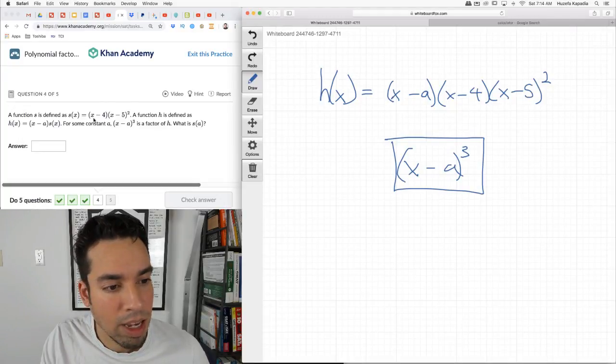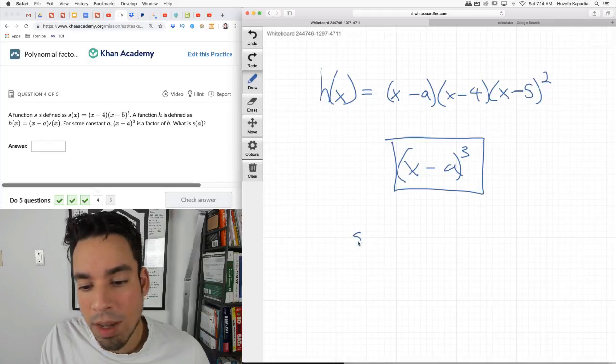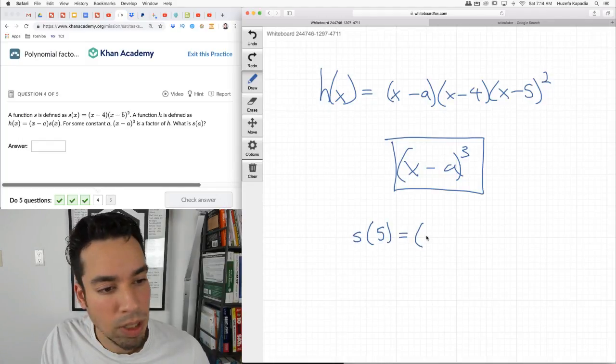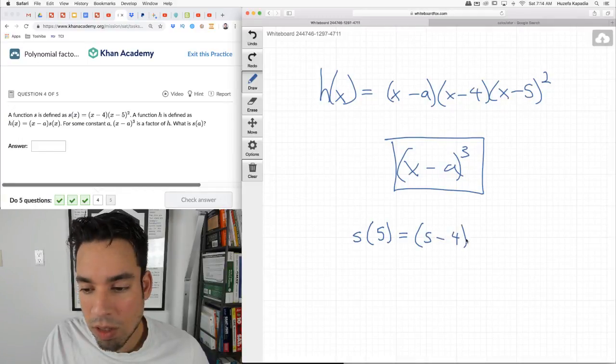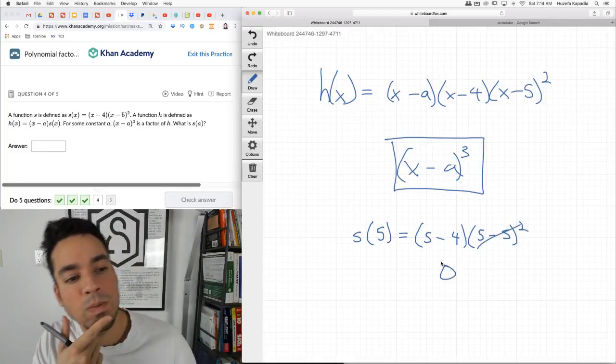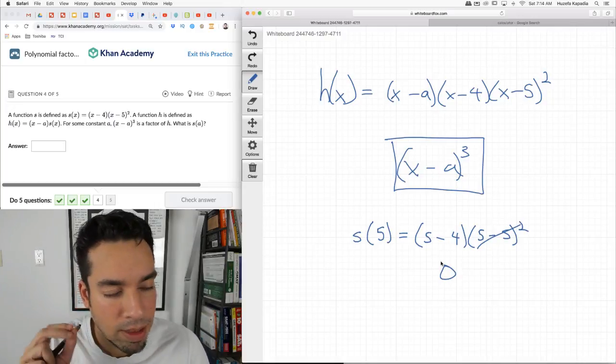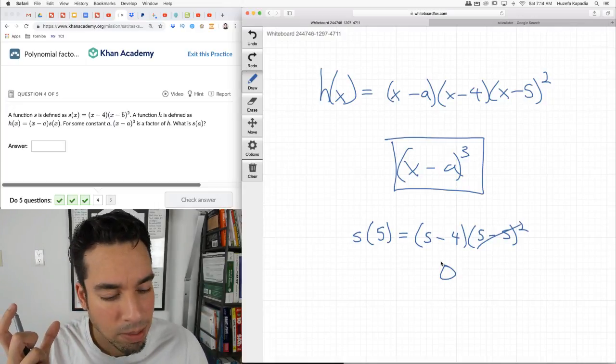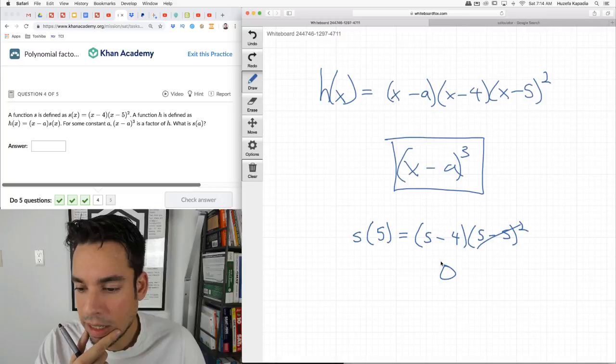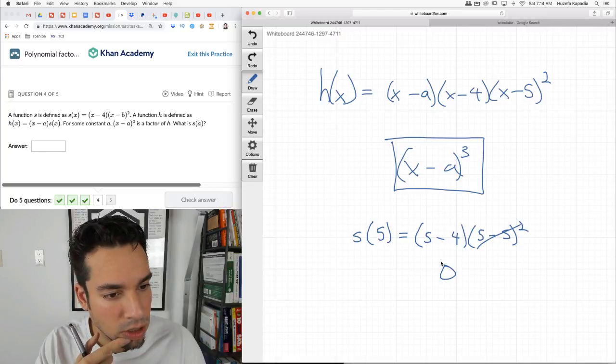So now we have to plug a back into s, so I'm going to assume that that's 5. I hope this is correct. We have 5 minus 4 times 5, that's 0. That's 0 times that is just 0. Let me just wrap my head around it some more, because I'm wondering if that's a little too easy to just put 0 in. x minus a is a factor of h.